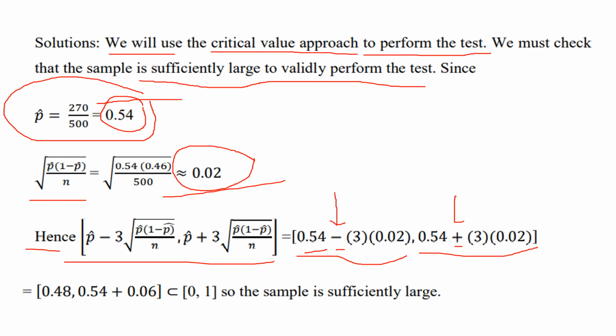So whatever our value here, that will be equal to 0.48 and 0.54 plus 0.06, intersection to your 0 and 1. So the sample is sufficiently large. So as you can see now, 500 is sufficiently large, no?